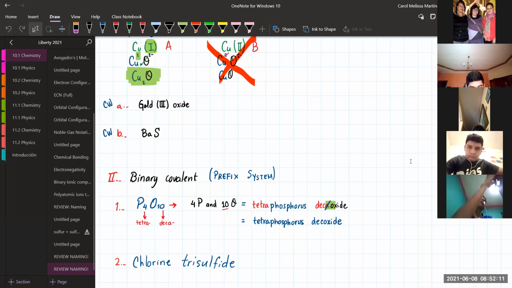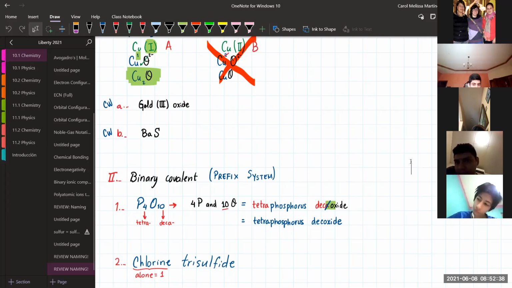Now, if I give you the name and you need to form the compound, take a look. If the first element is alone, it means that the number of atoms is just one. And now take a look at this prefix. This prefix is tri.